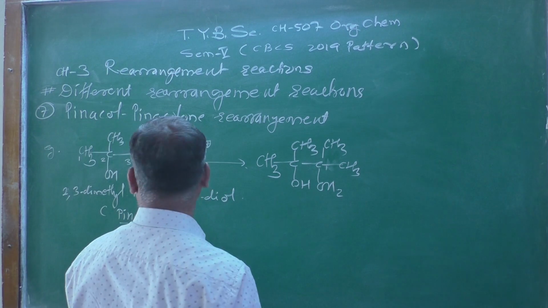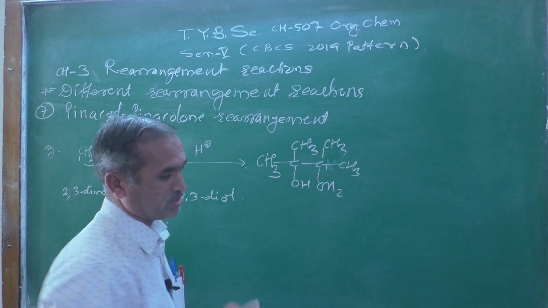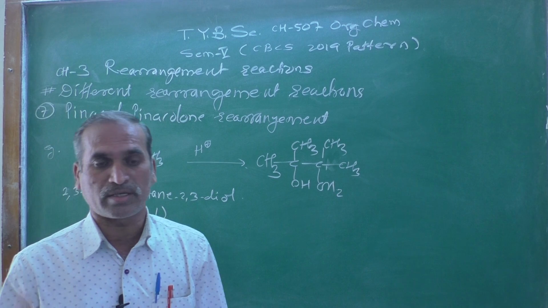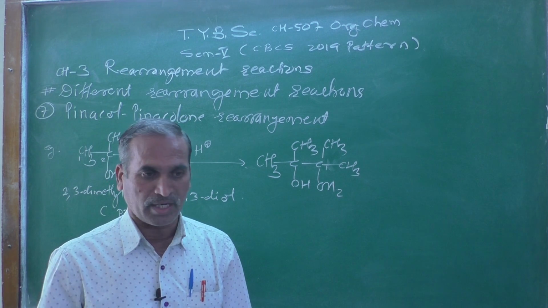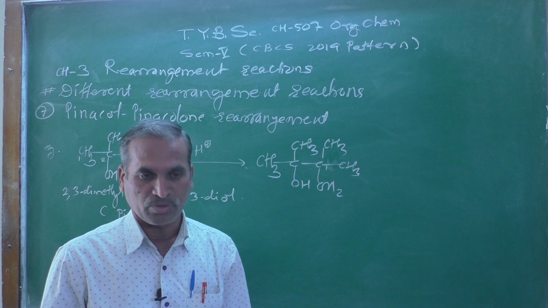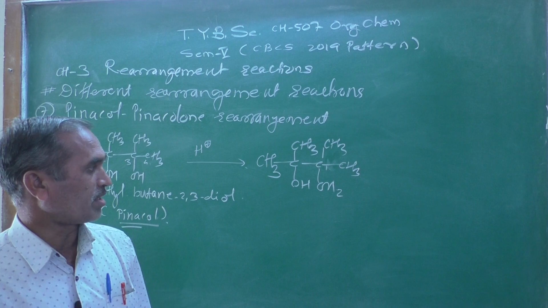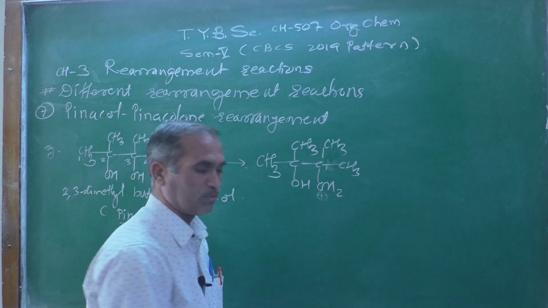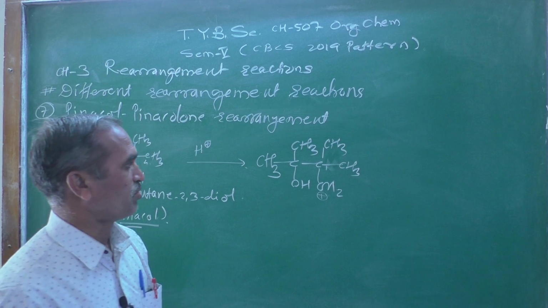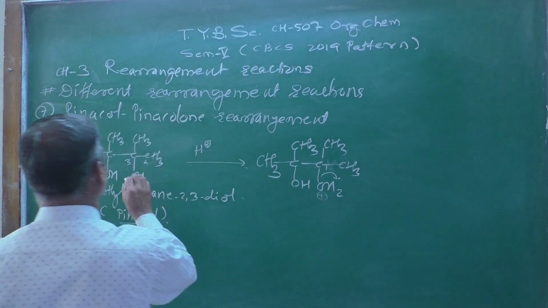One of the hydroxyl groups gets protonated, and that hydroxyl group, as we know, is not a good leaving group, but when protonation is carried out, it becomes a good leaving group. A bad leaving group is converted into a good leaving group.